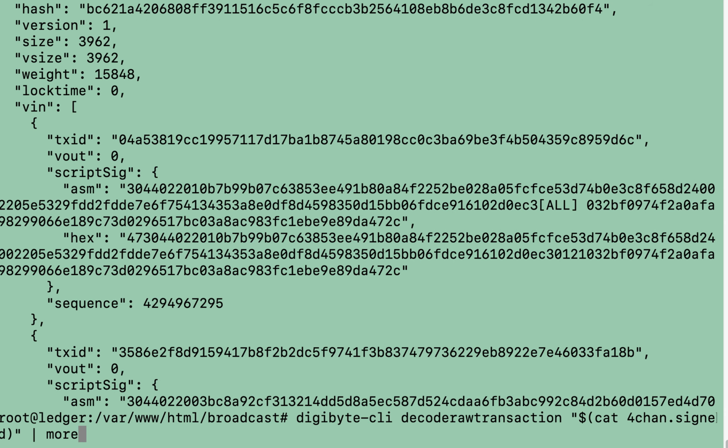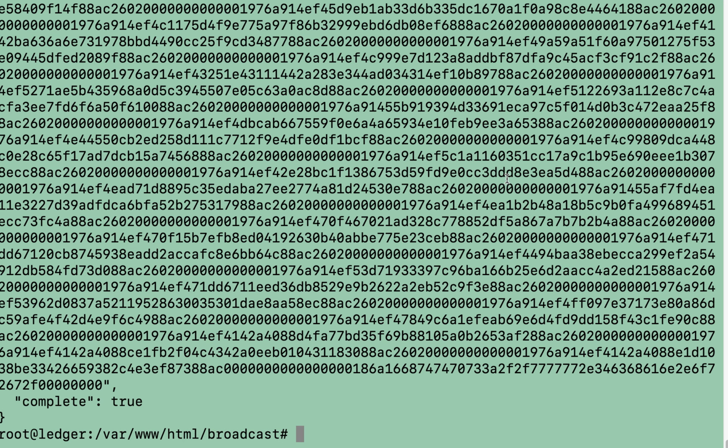I just create these little files. I kind of go from file to file. So let's see, for example, here's sign, right? Sign is the one that will verify that I have the funds on this system. See, and it says complete true.